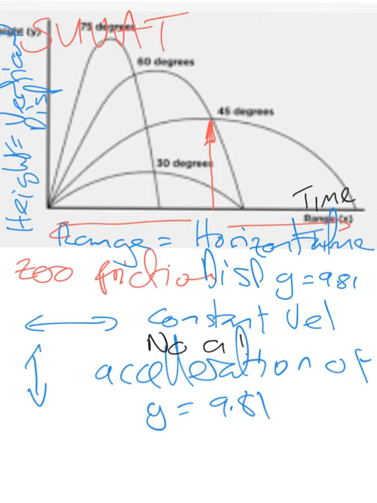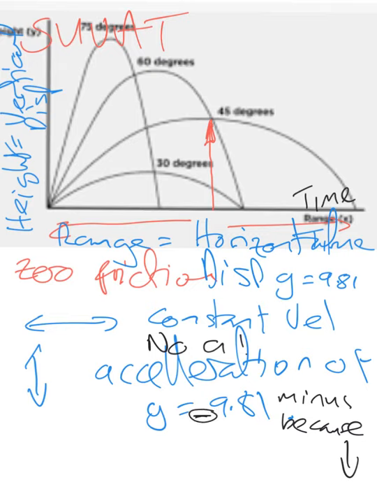So it's not a changing acceleration. It can't have impulse, it can't hit things, it can't get sudden rocket thrusts turning on midway. It's just something moving through the air with gravity pulling it downwards. Okay, so this is how we get these curves and these paths.